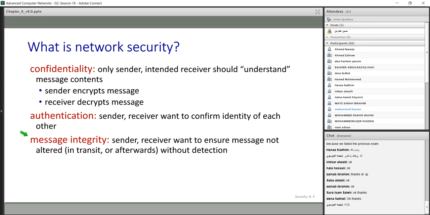And if it's altered, they should detect that alteration, that change in the message. Oh, this message has been changed somewhere else. The content of this message is changed. For example, someone added something else into the message. So the sender, please resend your message, or please confirm that your message is correct.